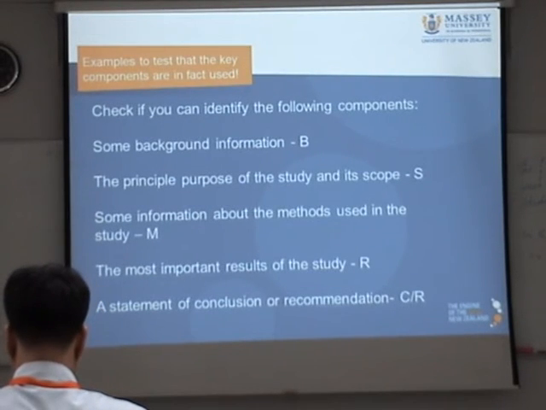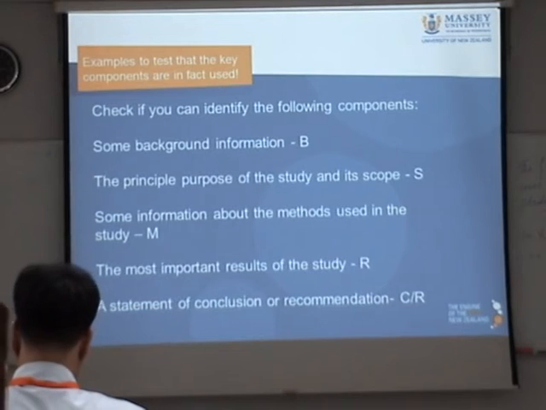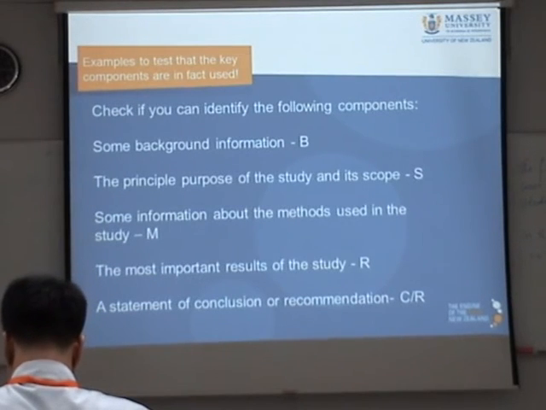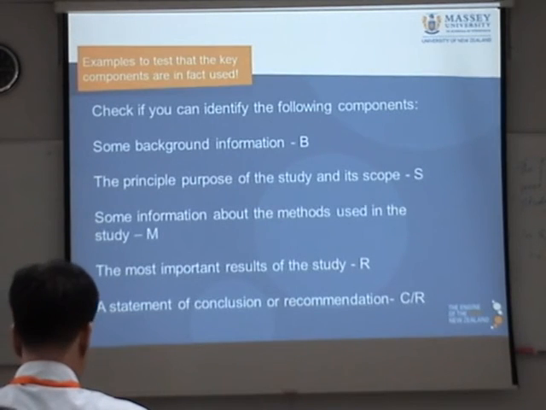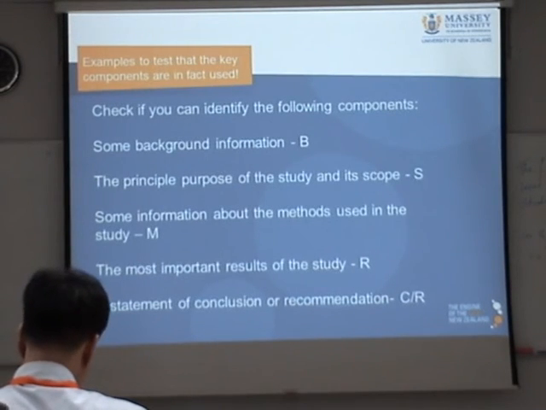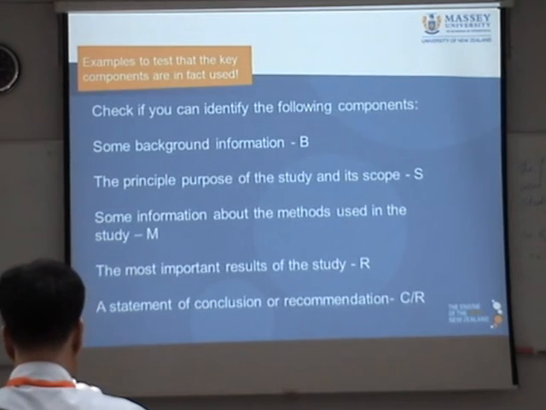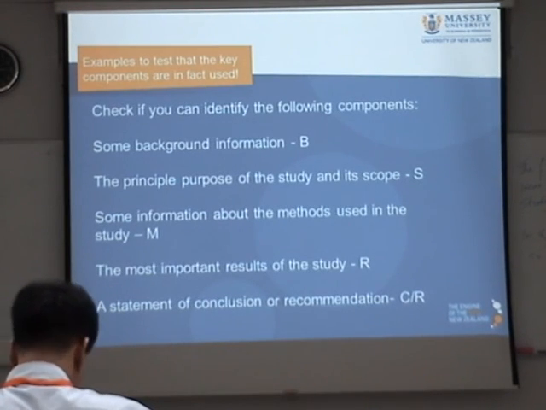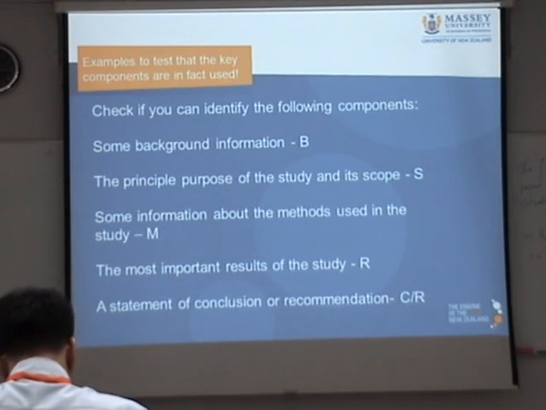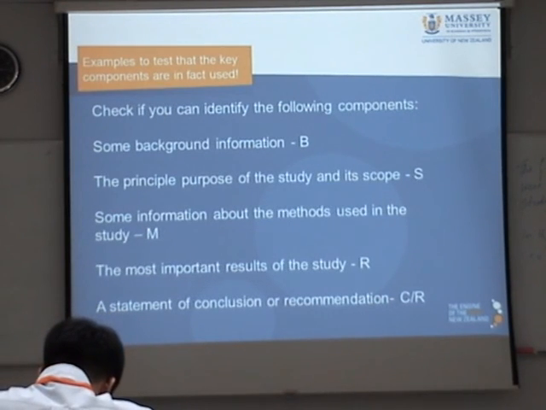Some information about the methods, M. The most important results, R. And a statement of conclusions or recommendations, you put C/R. So just have a look at sheet number 11 and take a few minutes to see if you could mark that up. When you're finished doing that, pick up sheet 12 and do the same thing.